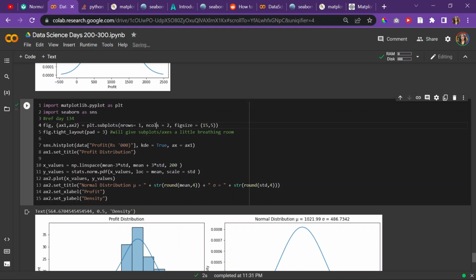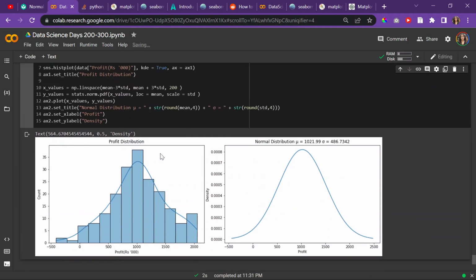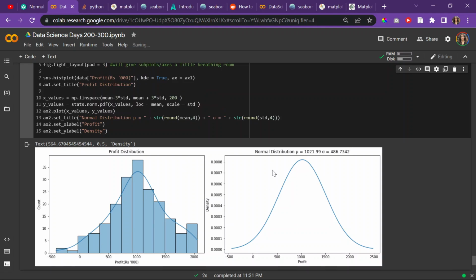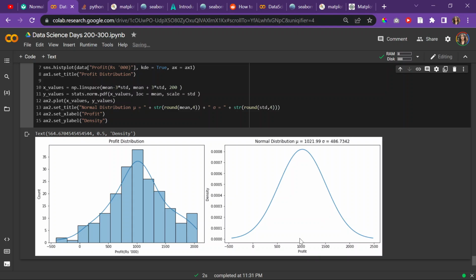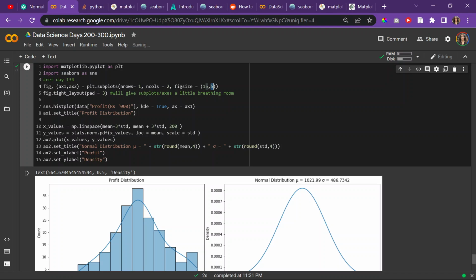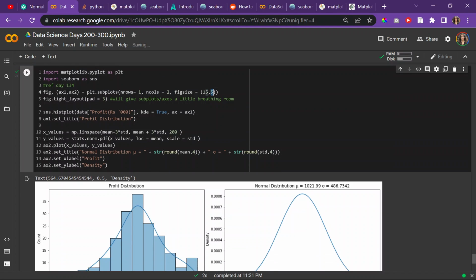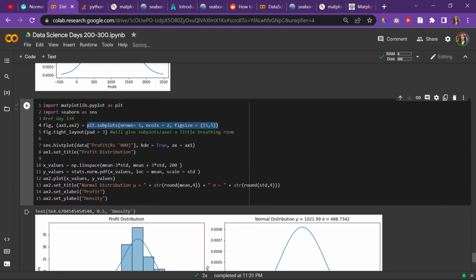But if I delete ncols, which is number of columns, it will change something, and it will just leave me with the first graph over here. So I specified 2 columns, meaning I have two graphs here. And then the figsize is basically the size of the figure. It starts with your x and then your y. My x is 15, so obviously it's larger, and then my y, which is the length of it, is 5, and the x is width. And then what this does, it returns to you 2 things.